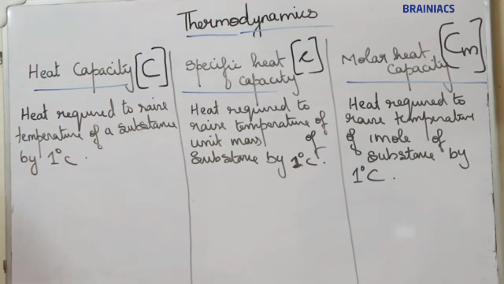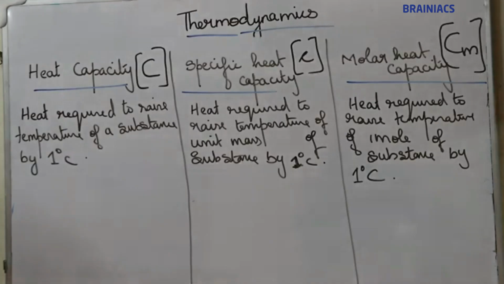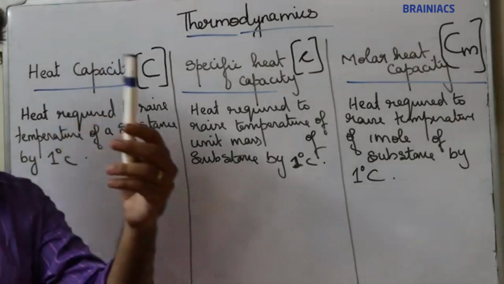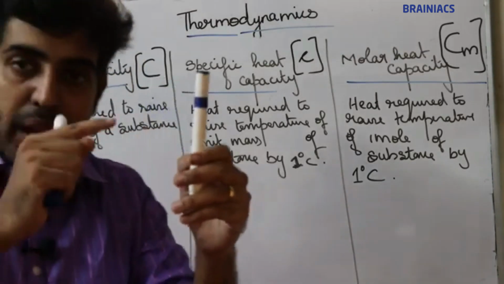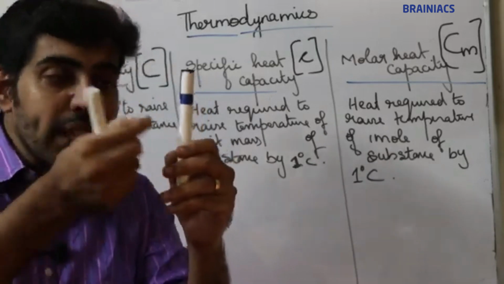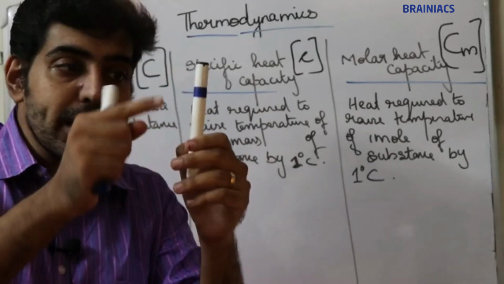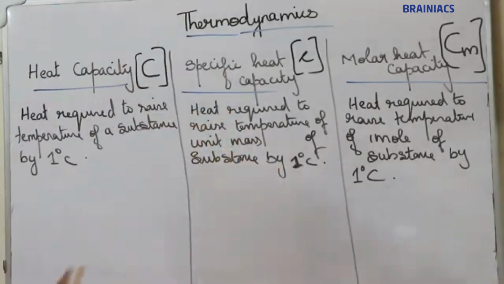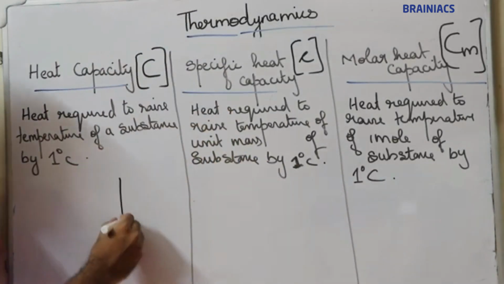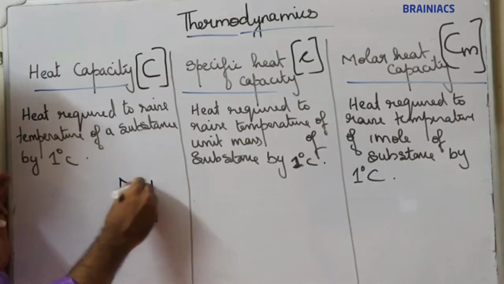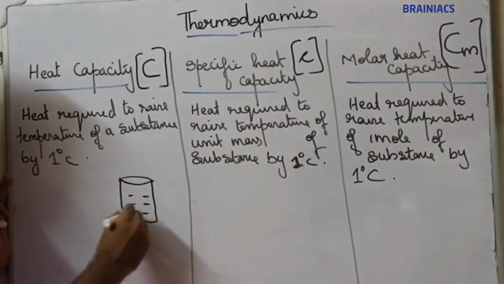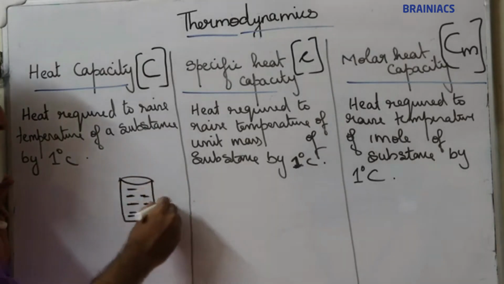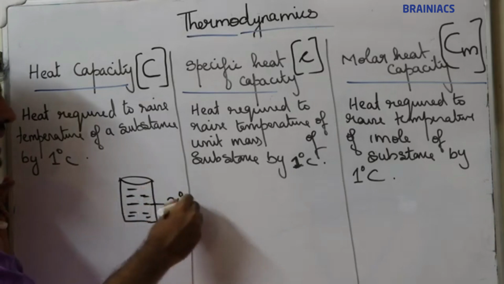Now what is heat capacity? Heat capacity is the heat required to raise the temperature of a substance by 1 degree Celsius. Consider a cup filled with water, and let the temperature of this cup be 26 degrees Celsius.